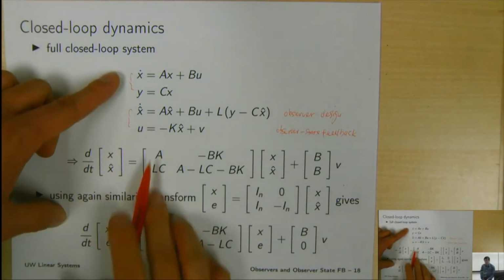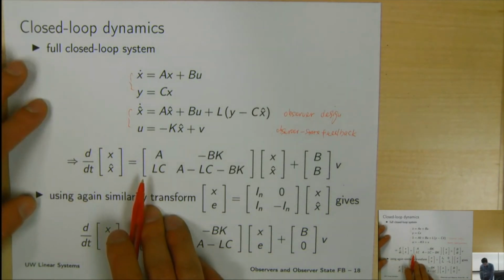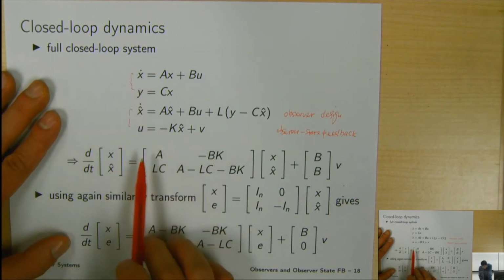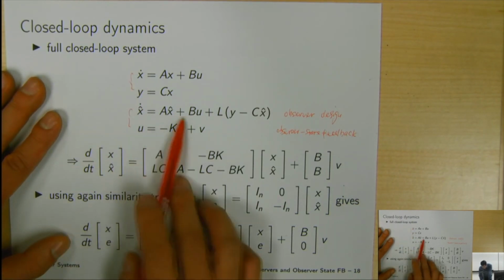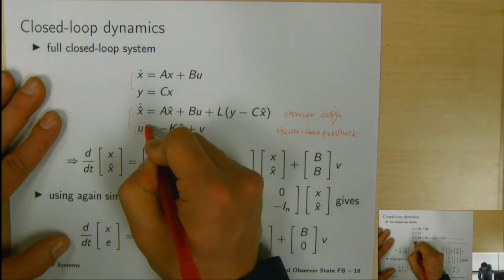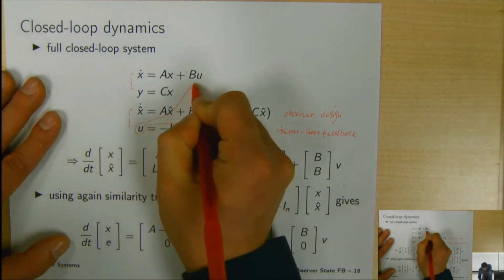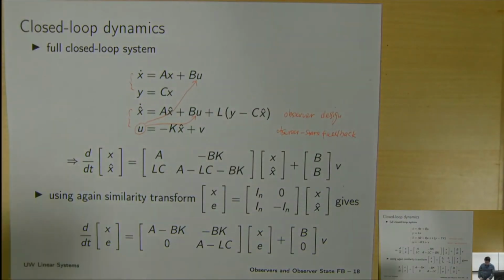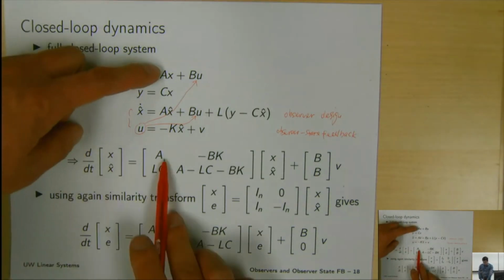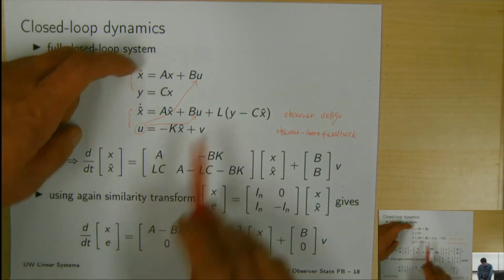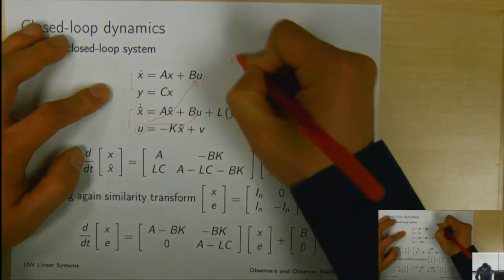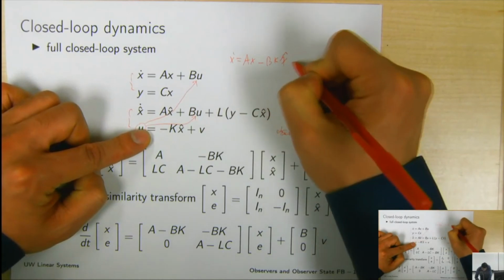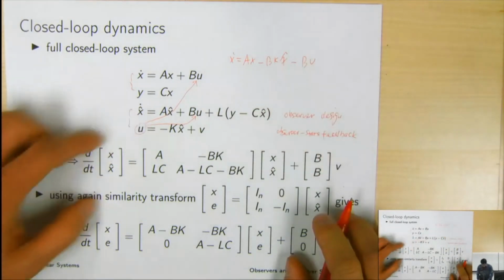Let's take a look at the closed loop dynamics. If we write it out directly, so plugging in the control law into the system equation and then the observer equation, then we can see x dot is A times x minus B times K times x hat plus Bv.